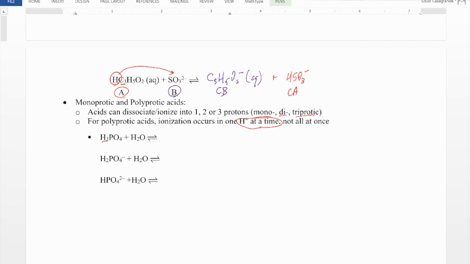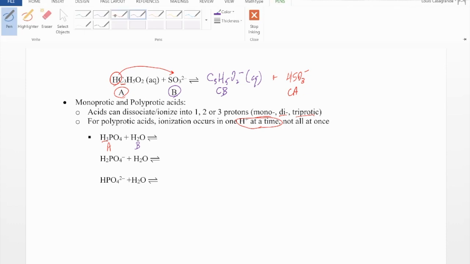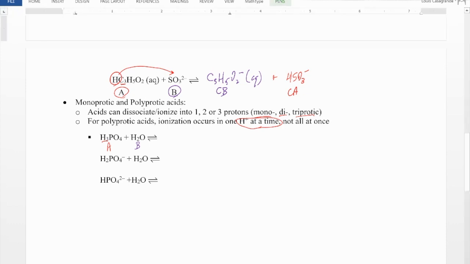And they all have this equilibrium. And so they all occur one step at a time. This is going to be a stoichiometry kind of thing, where stoichiometry for these reactions is always going to be 1-to-1. So phosphoric acid is the acid, which means, of course, that water is going to be the base. And when we write the products here, I'm going to put the H3O plus first because I want to focus on something with the conjugate base in a moment.